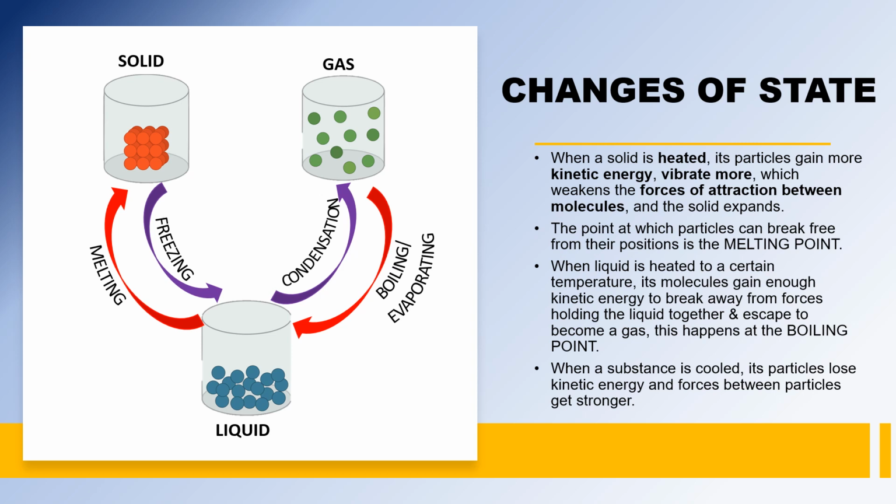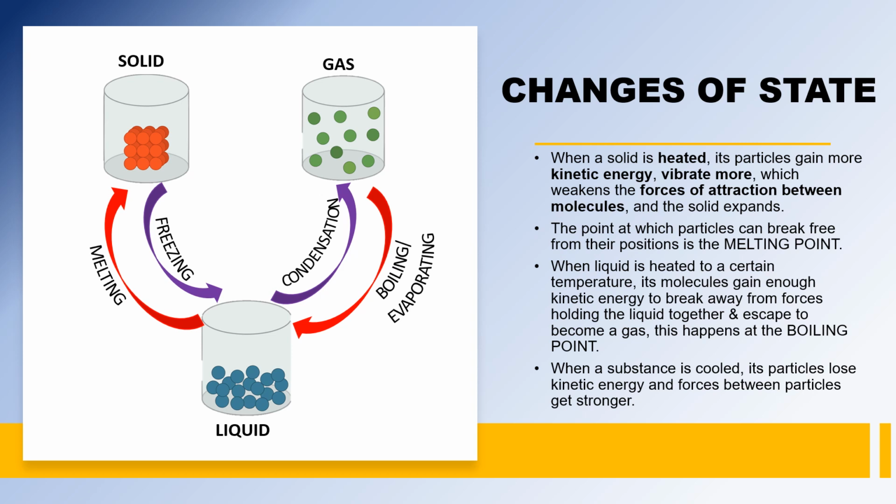Now, moving on to differences between boiling and evaporation, which is a very common question that's asked. Boiling and evaporation both are changes of state that involve liquid changing into a gas. Boiling occurs only at the boiling point of the liquid, whereas evaporation occurs at all temperatures below the boiling point of the liquid.